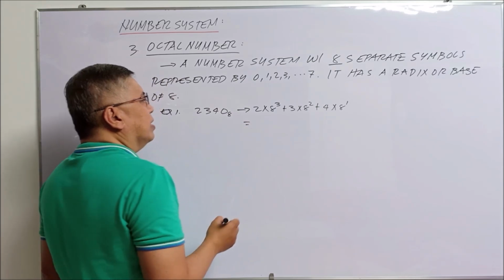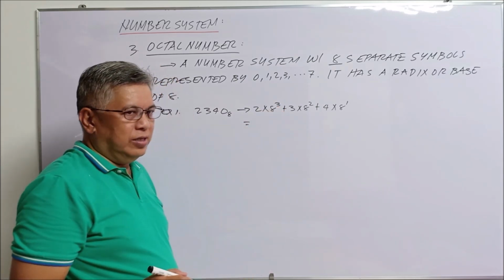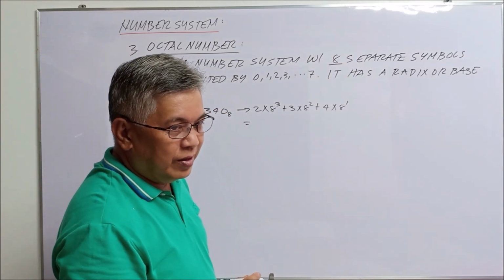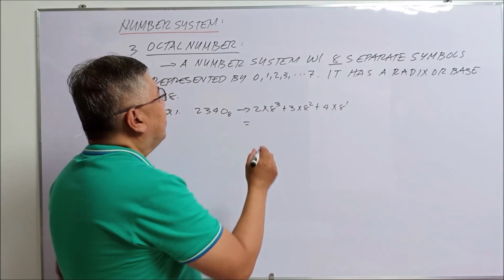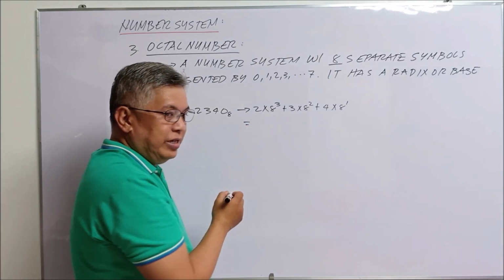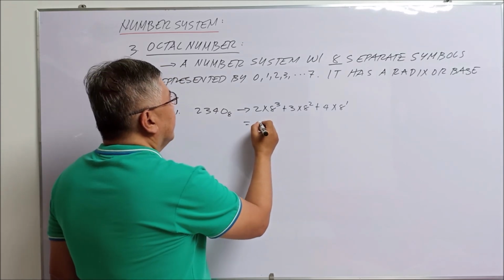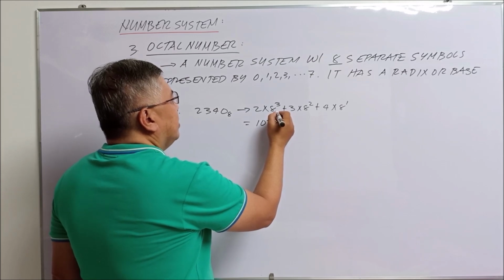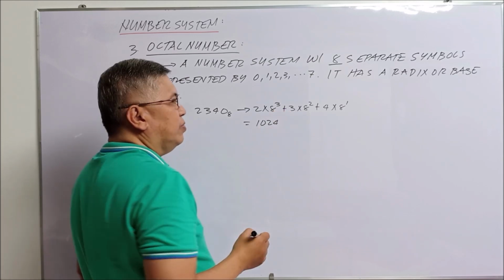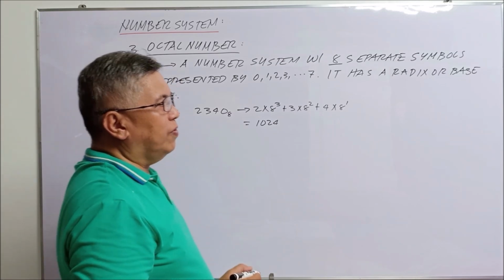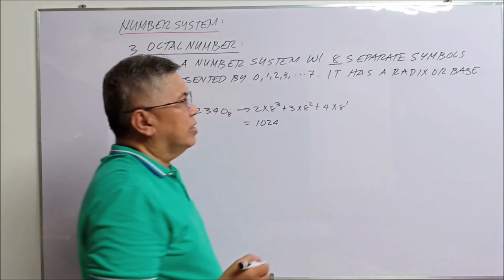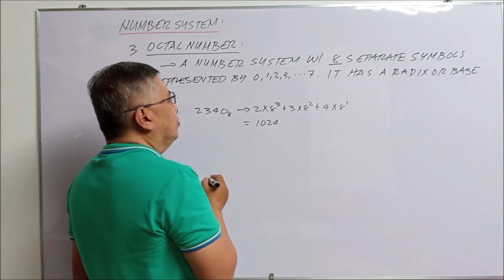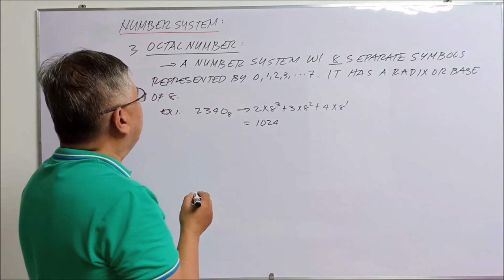So this is equivalent to what? 8 to the 3 is 512, times 2 is 1,024.